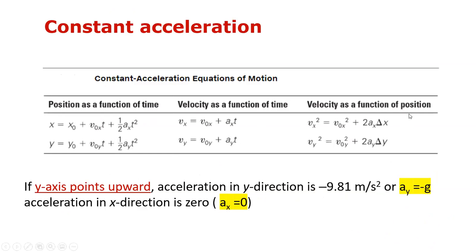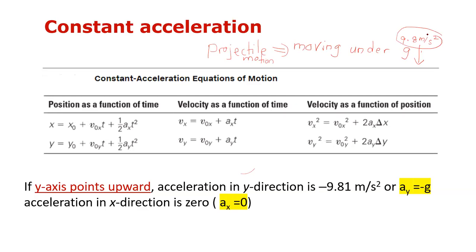Now, because we are working on projectile motion, which is motion under constant g, this is our projectile motion. g is acceleration, vertically down, and its magnitude is always 9.8 meters per second squared.